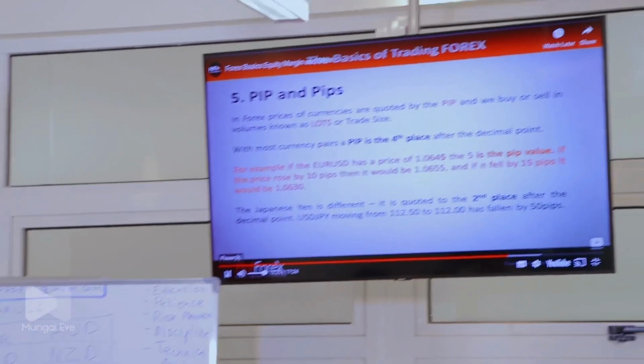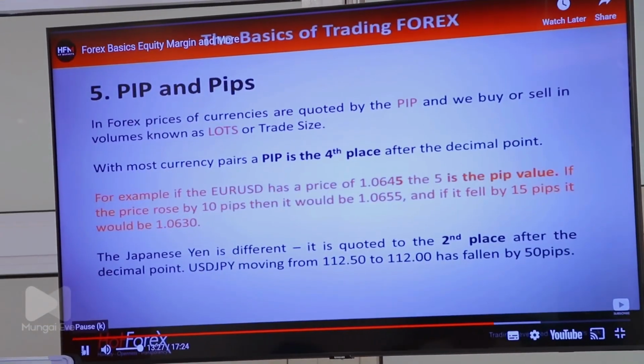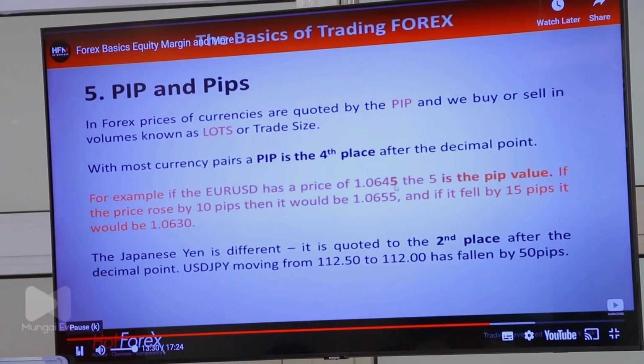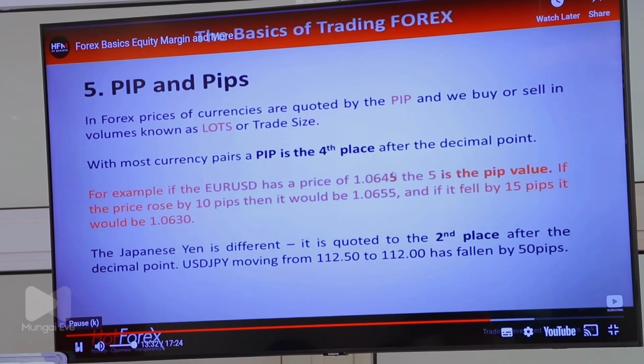So here, for example, the Euro USD has a price of 1.0645, and the number 5 here is the pip value. So if the price rose by 10 pips, then the price would become 1.0655. And if it fell by 15 pips, it would become 1.0630. So the pip is the 4th number after the decimal place, and that's the example for most currency pairs.